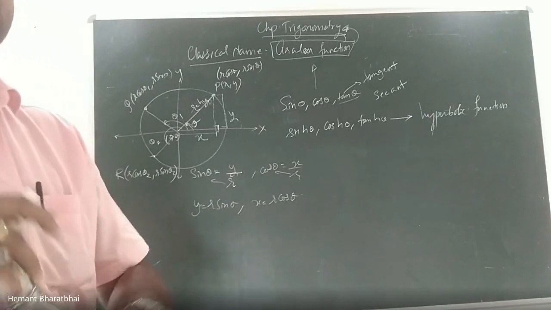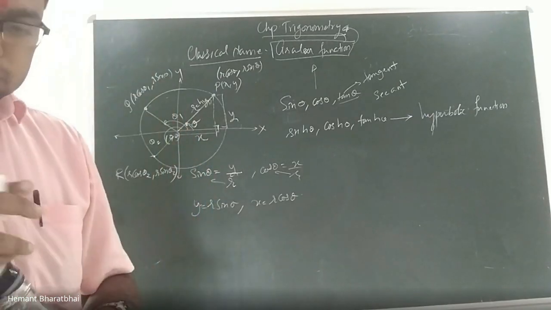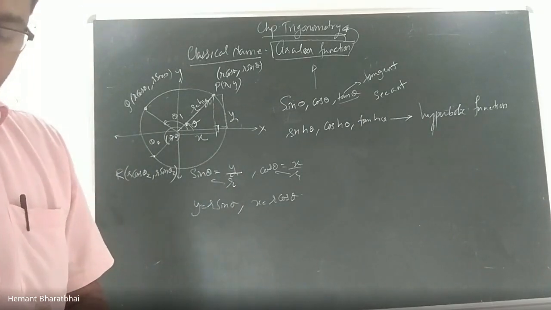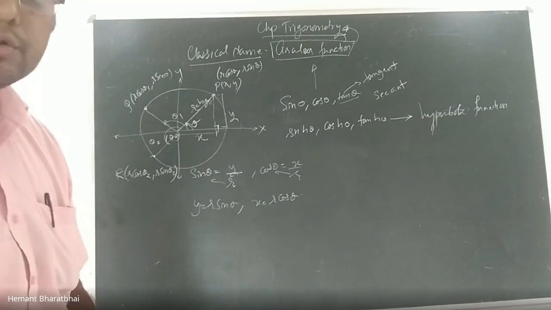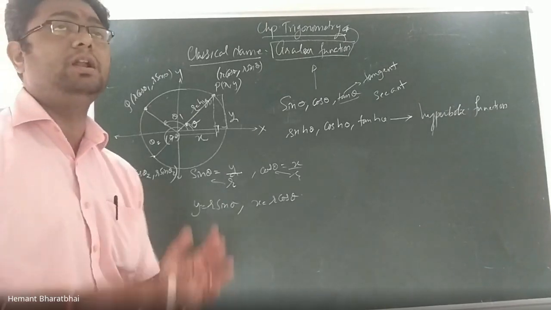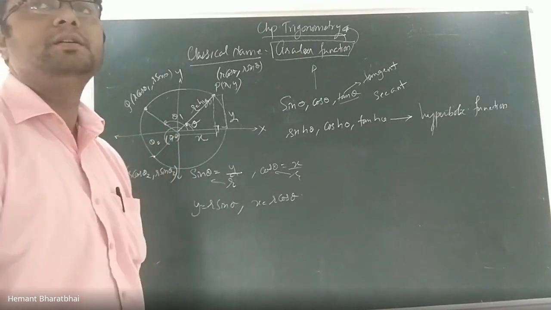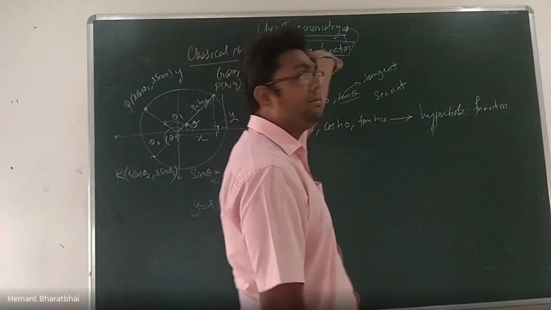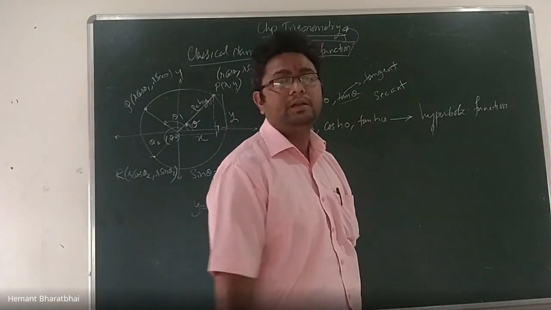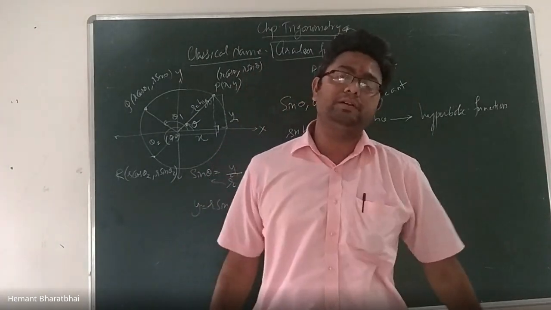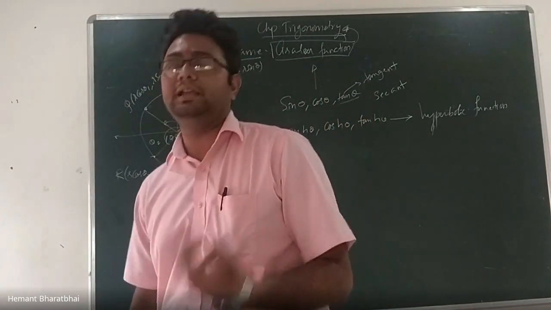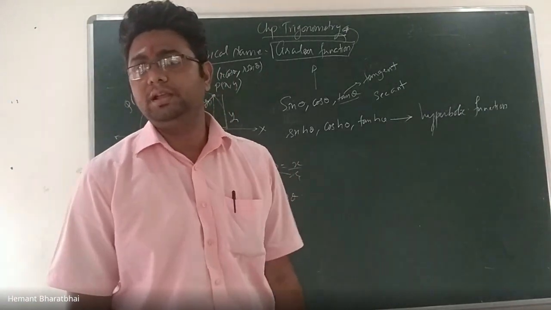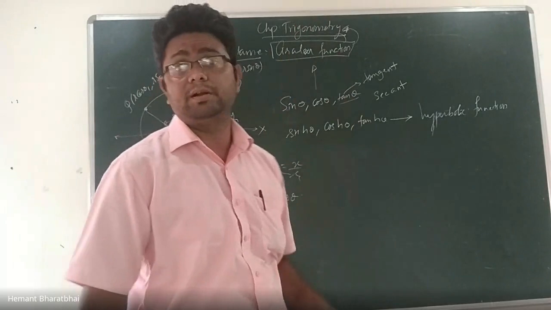So what does it mean? It means that you should not limit trigonometry only to triangles, and second, you should remember the historical name, circular functions, because these were named circular functions until the end of the 19th century, and in the 20th and 21st century we started calling it trigonometry.